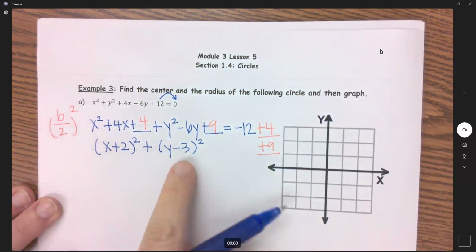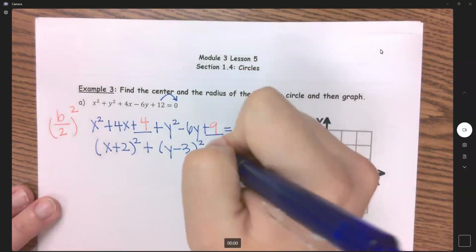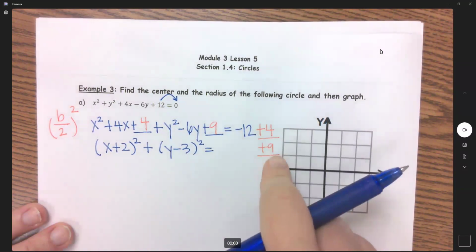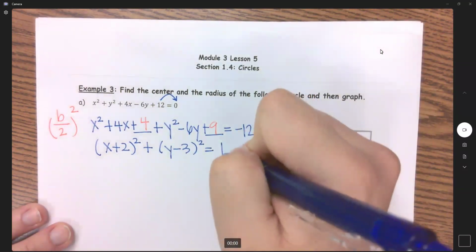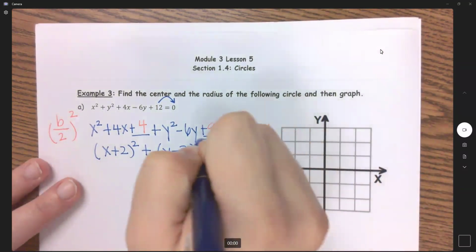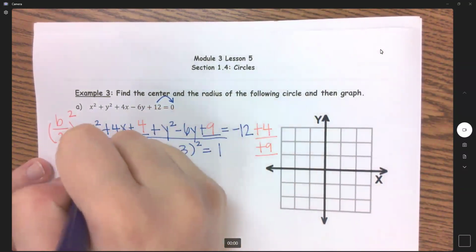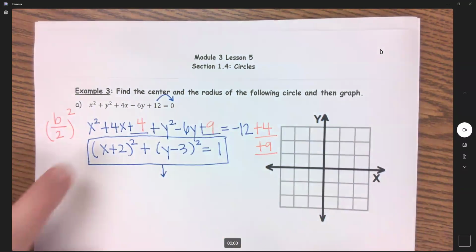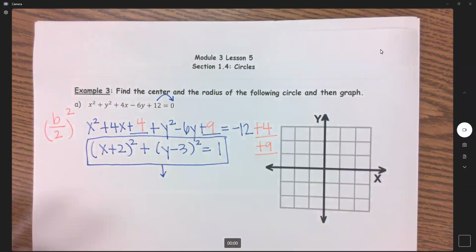Negative 6 over 2 is negative 3. And then combine these, that's negative 12 plus 13, so it's going to give me 1. So now this is in standard form, and now I can answer the questions.